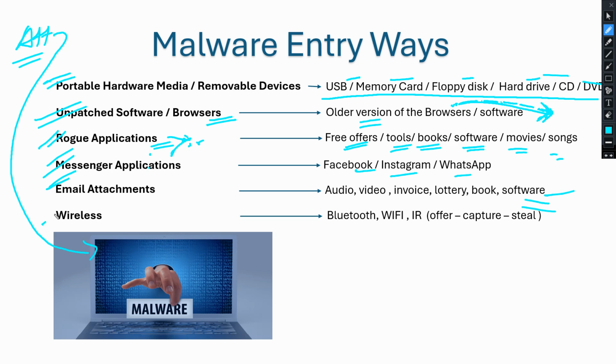Then wireless: we have Bluetooth, Wi-Fi, infrared. Here, what hackers generally do is create a free, open Wi-Fi, and if someone connects through that and does their personal work, then the hacker will capture all the information.